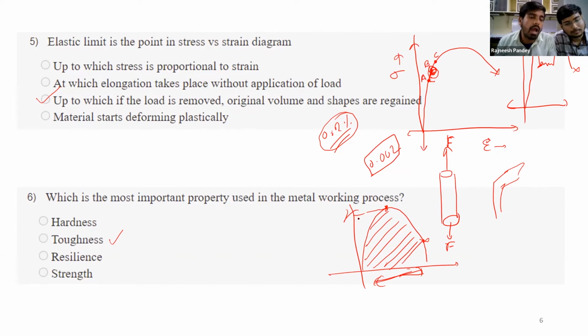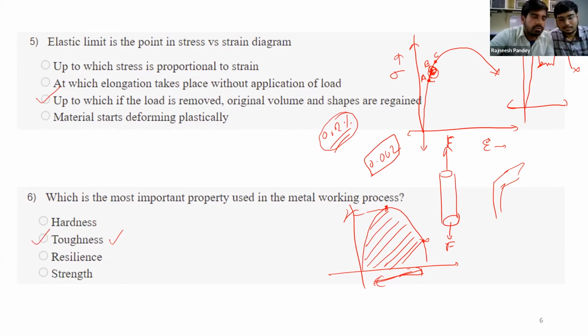You need to have an idea about ductility as well as strength, then only you can perform a certain metalworking operation. So that's why toughness is the most important parameter in metalworking processes. So for the sixth question, toughness is the correct answer.